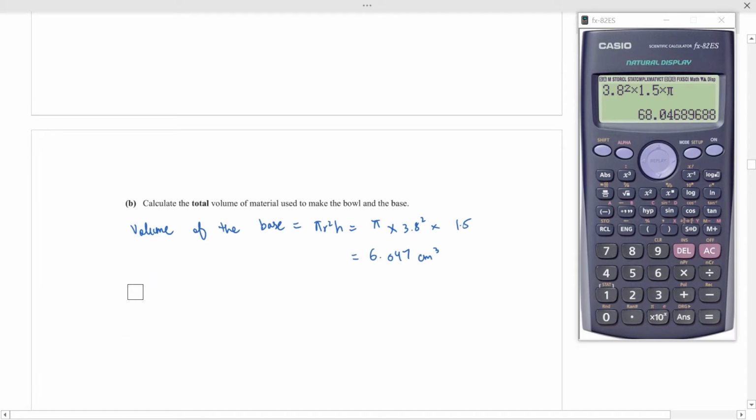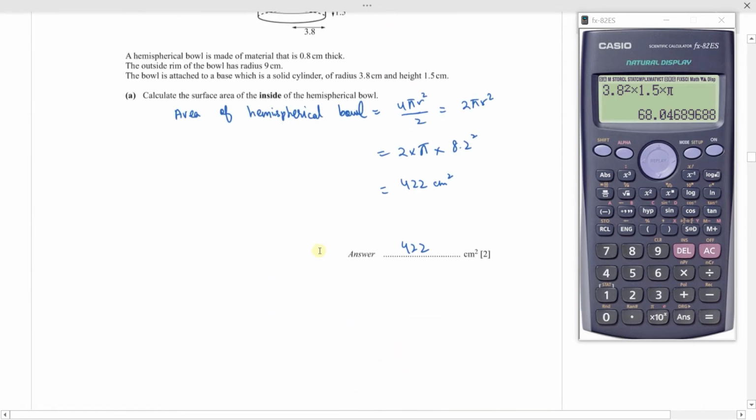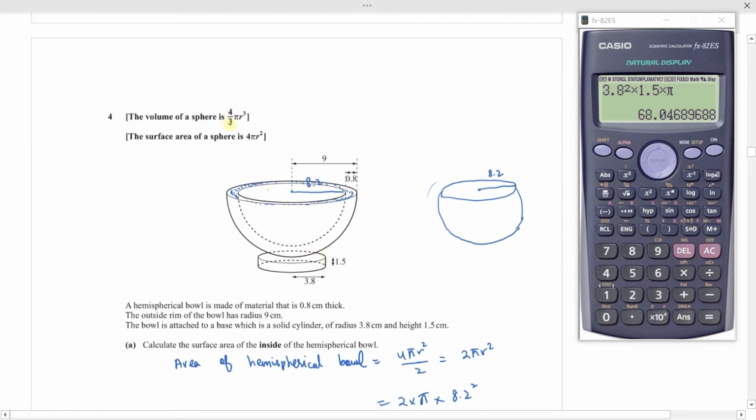And now you have to find the volume of material in the bowl. We've calculated the volume of the material in the base. So now the volume formula is 4 by 3 pi r cube. This is for a sphere. So for a hemisphere, it will be half.